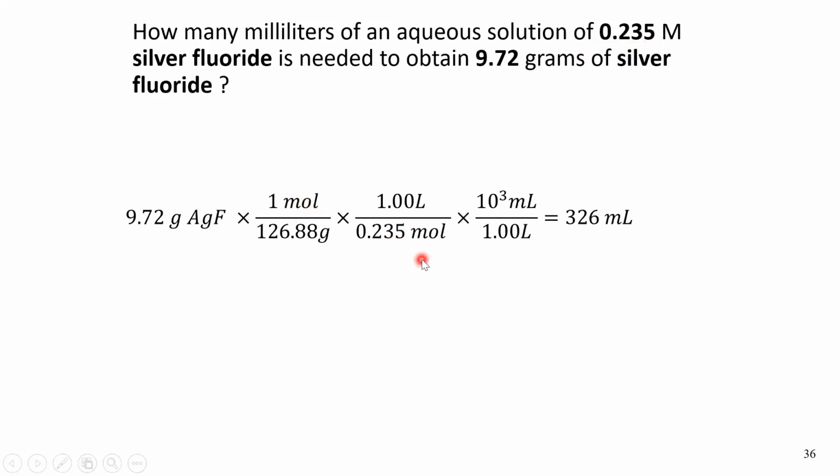We want to cancel out the moles, so 0.235 moles in every liter of solution. And then we want to go from liters to milliliters, and we know there are 1,000 milliliters in a liter. So we would need 326 milliliters of total solution in order to give us a concentration of 0.235.